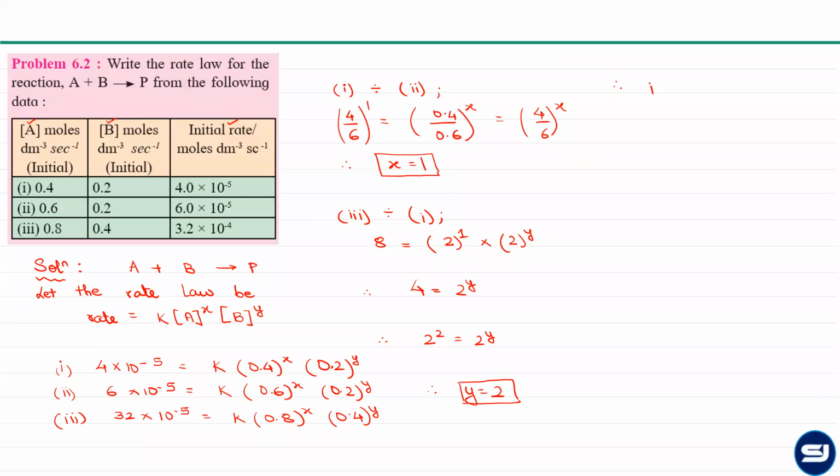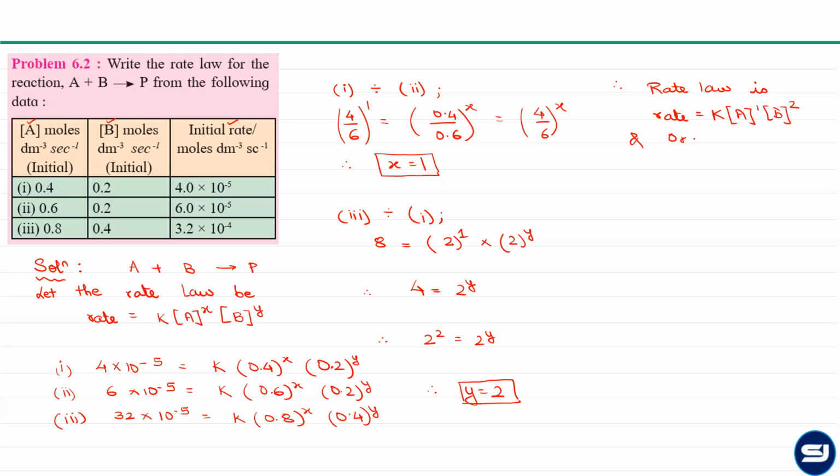Okay, therefore, the rate law for this reaction is rate equals K into concentration of A raised to 1 and concentration of B raised to Y, which is equal to 2.